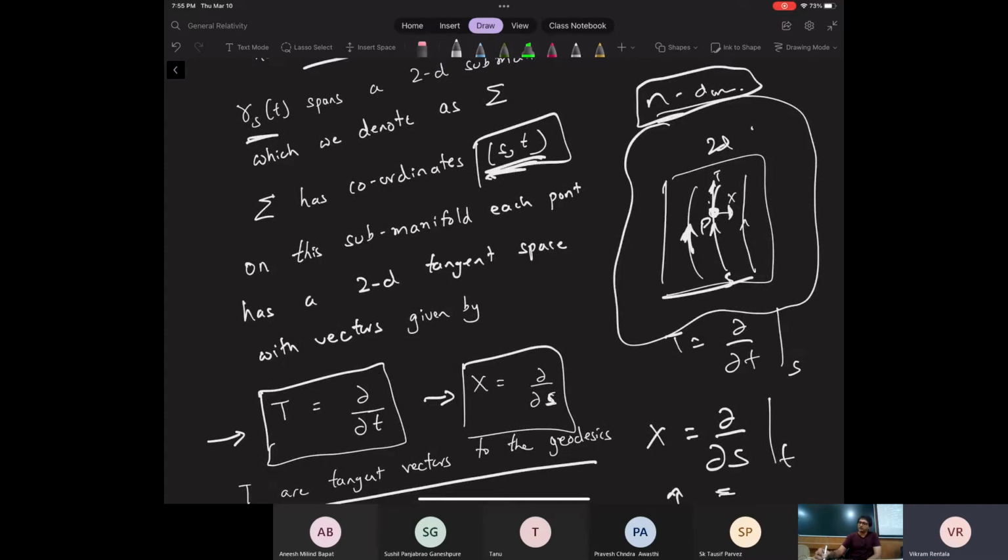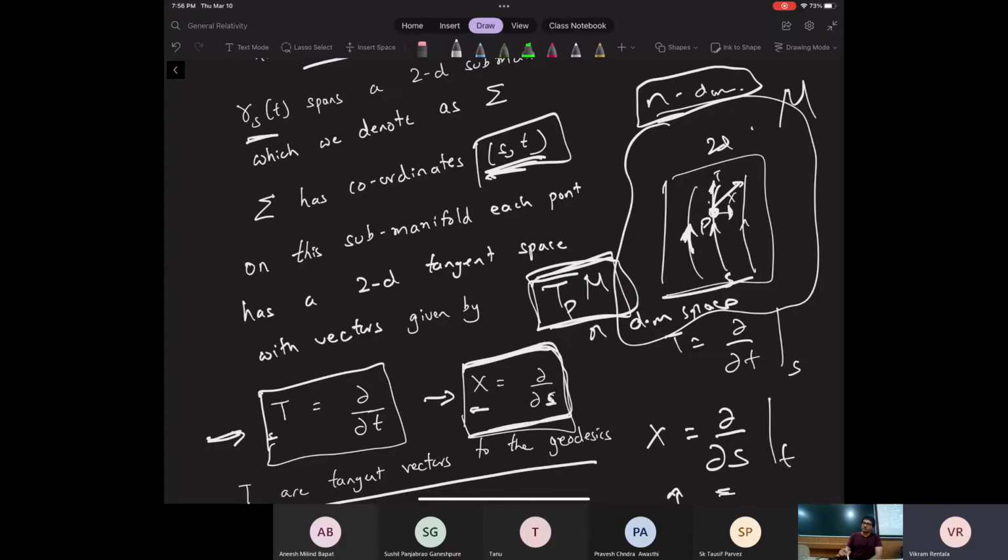If I take this point P inside the original manifold M, these t and x are also tangent vectors at the point P in the full manifold M. There are other tangent vectors in different directions which do not span this 2D subspace. But out of all the tangent vectors, in this n-dimensional vector space, you've picked out a 2-dimensional vector space at the point P.